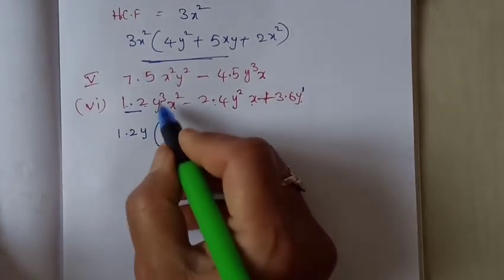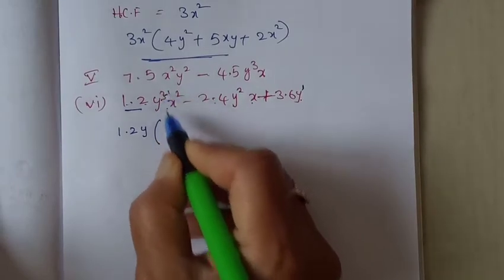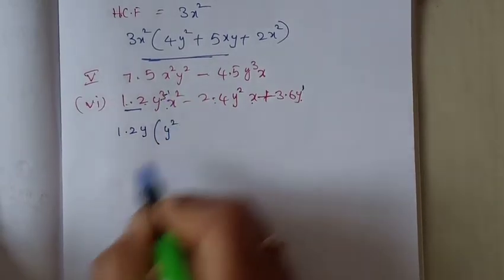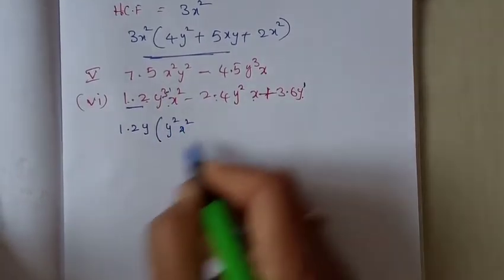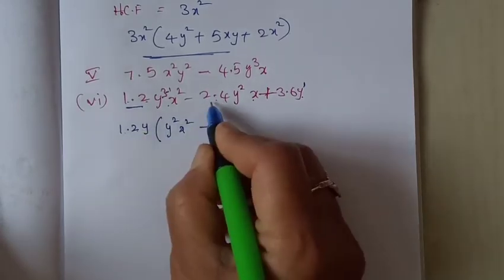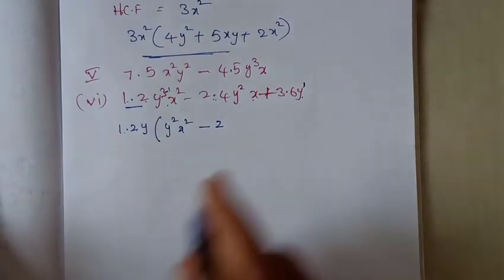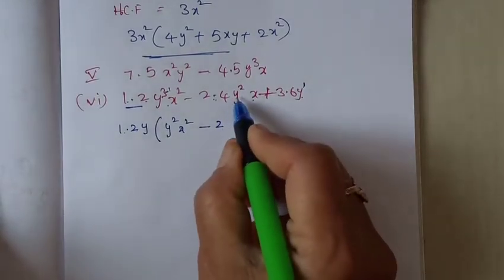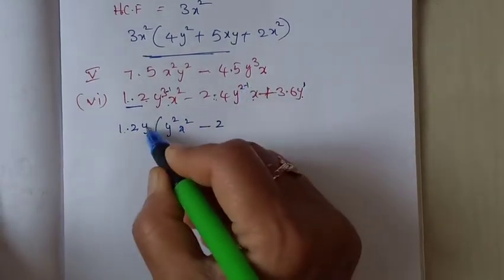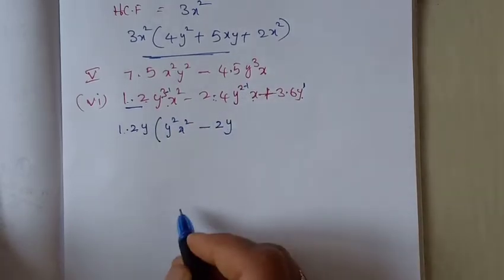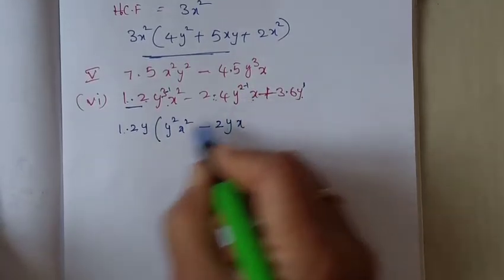Okay, so from this 3 minus 1 means y square will be left, x square will be left, minus 1.2 twos are, okay, only 2, 0.2 won't be there, only 2, and y square, 1, 2 minus 1, 1 y we have taken out, so only y will be left, x will be left.